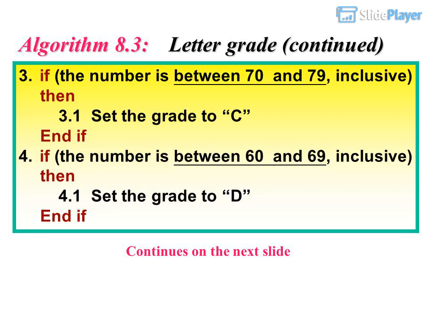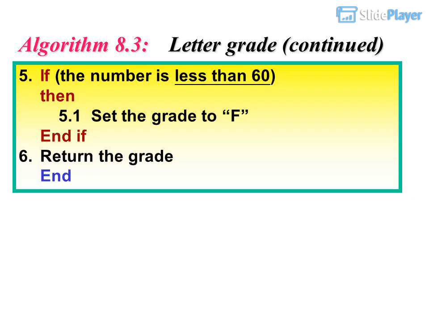Algorithm 8.3, letter grade, continued. 3. If the number is between 70 and 79, inclusive, then 3.1 set the grade to C. End if. 4. If the number is between 60 and 69, inclusive, then 4.1 set the grade to D. Continues on the next slide.